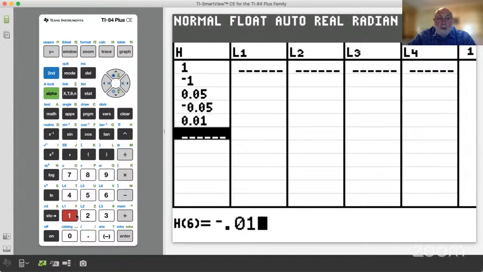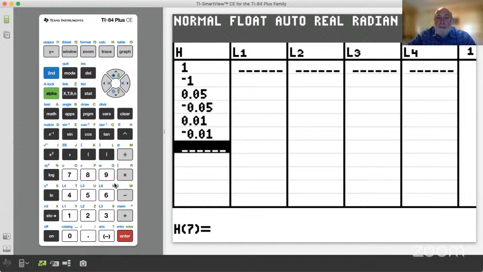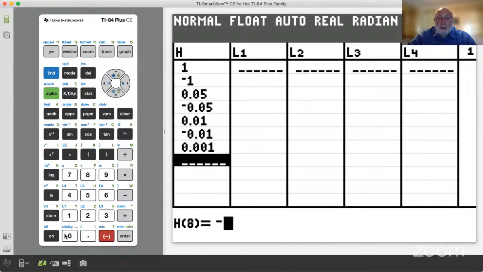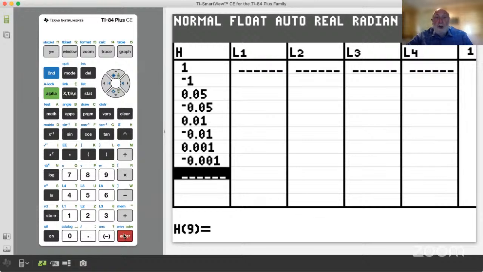So Steve was careful to have values coming in from both sides of 0. And then I'm going to jump to 0.001 and -0.001. So this won't be the entire list of values, but I just want to illustrate how this would look. So I've got a list of h values here.